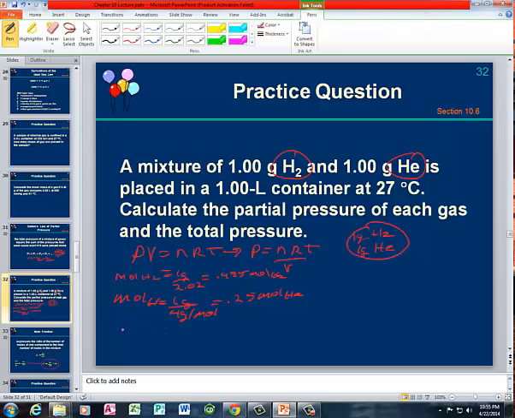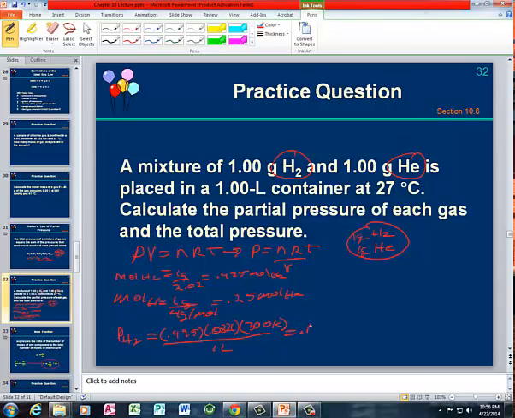So if I plug that in for hydrogen, the partial pressure of hydrogen will equal 0.495 moles of hydrogen times 0.0821 times the temperature in Kelvin, which is 27 plus 273, which is 300 kelvins, divided by 1 liter of volume.